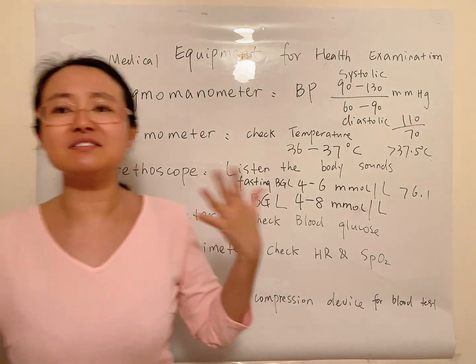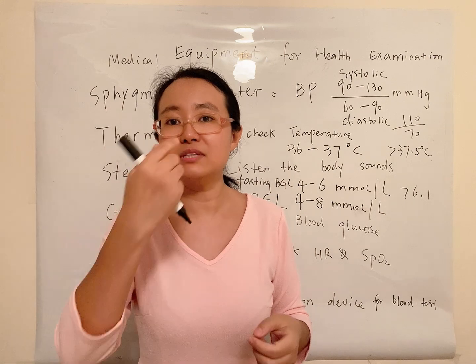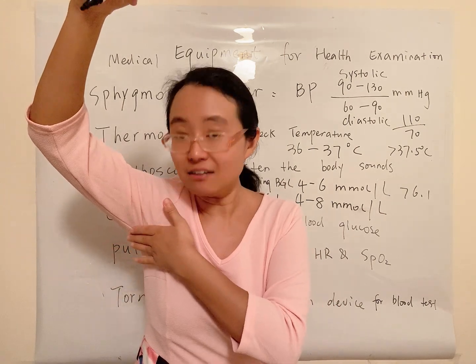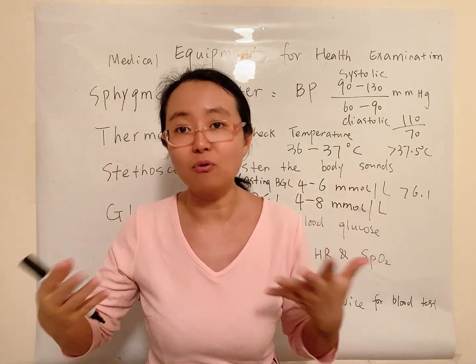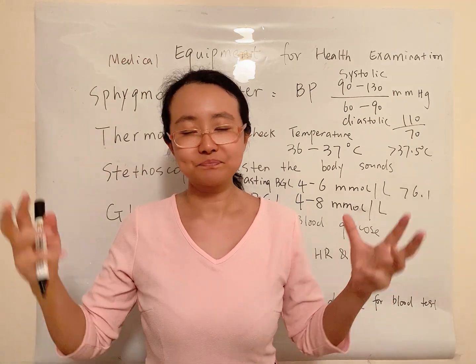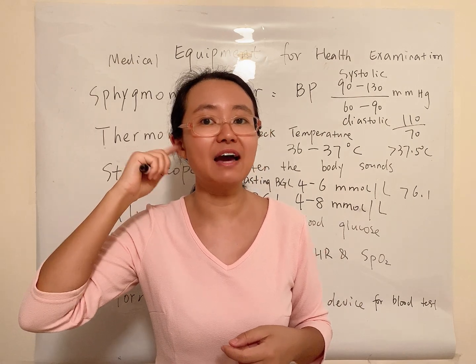And there are different sites to check temperature. The most common sites include oral, in the mouth, axillary, under the armpit, temporal, in front of your forehead, and the tympanic, inside your ear.